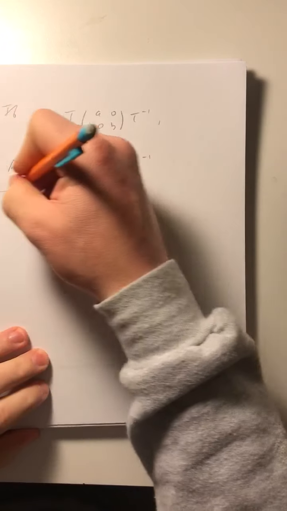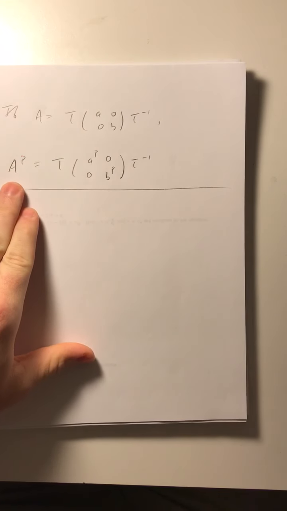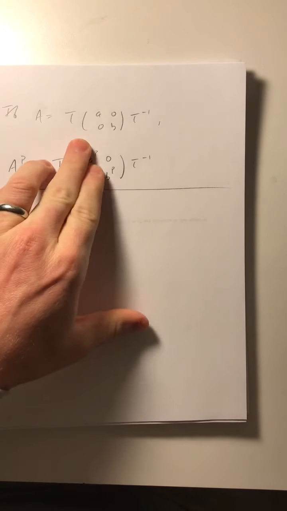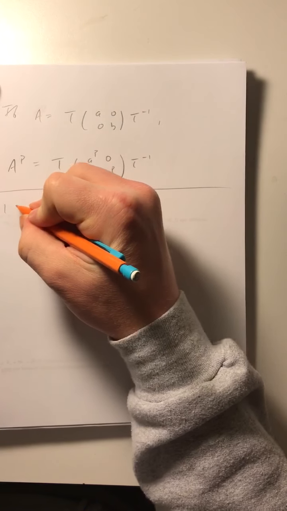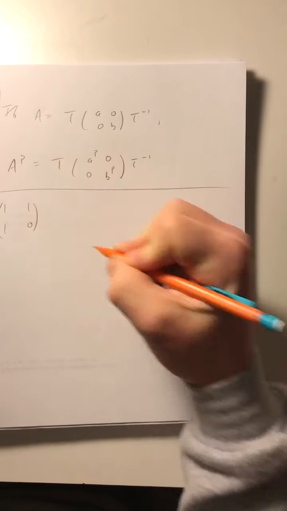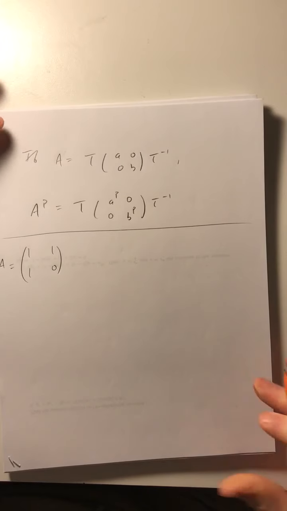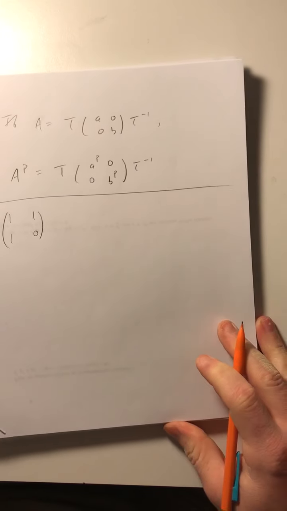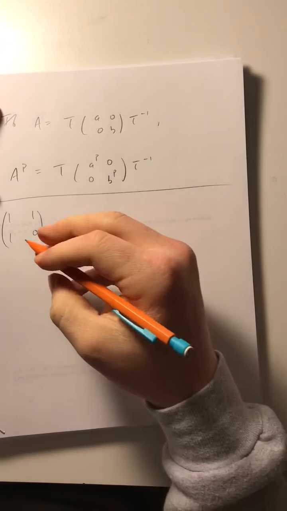So if I want to raise a matrix to a power, it's very convenient to have it written like this. Okay, so let's look back over here, 1, 1, 1, 0. That was our matrix that we wanted to raise to a power if we're going to compute our Fibonacci numbers. So I'm going to compute some eigenvalues and eigenvectors, and we don't know what those are, but just bear with me.